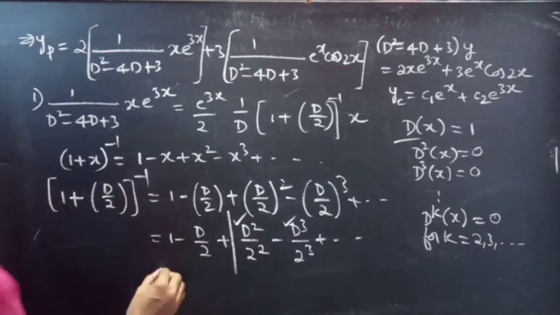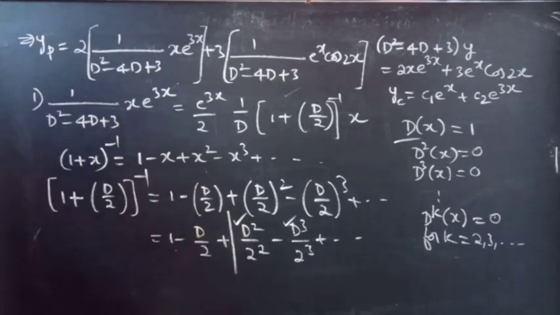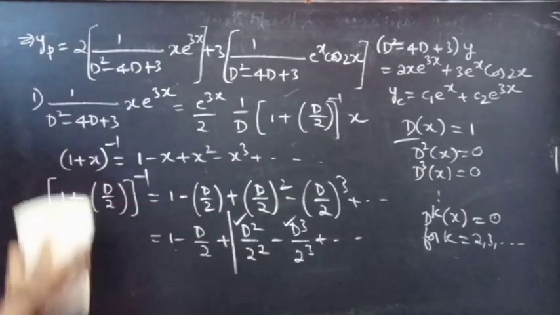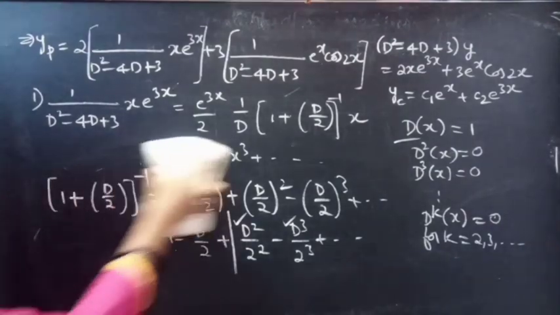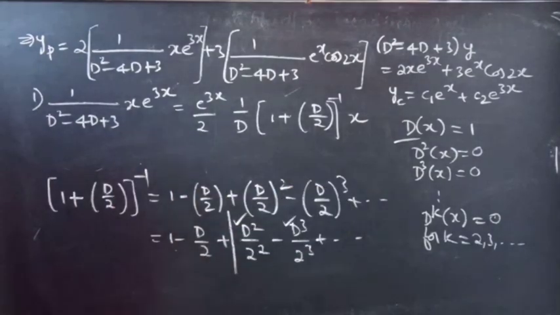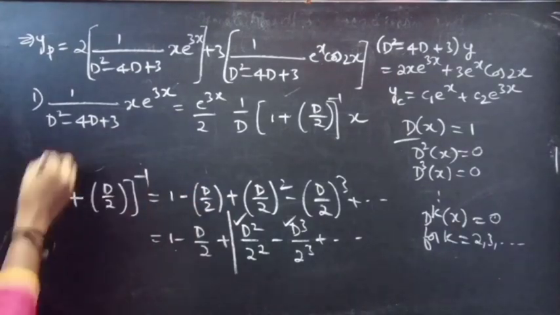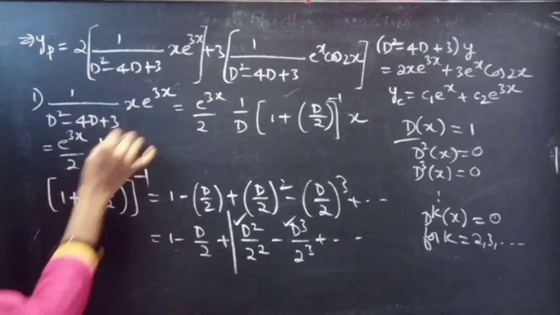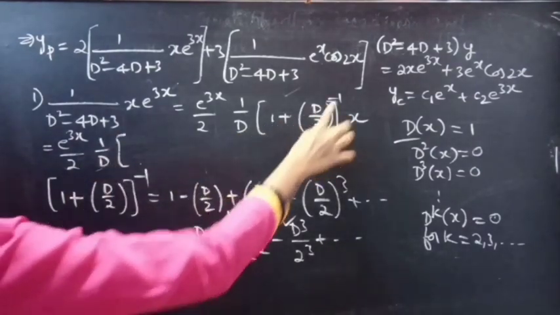Right? So we'll take only the first two terms. Now coming to the problem. This becomes e power 3x by 2 into 1 by d into 1 plus x whole inverse.